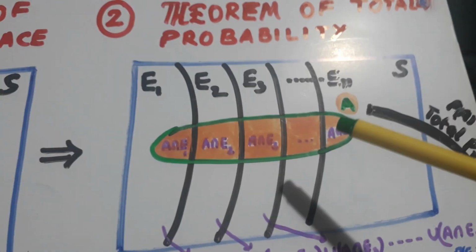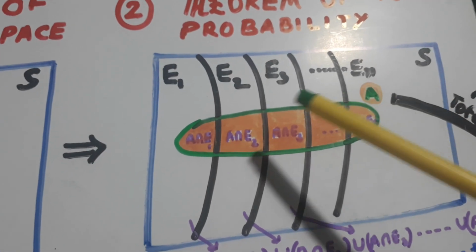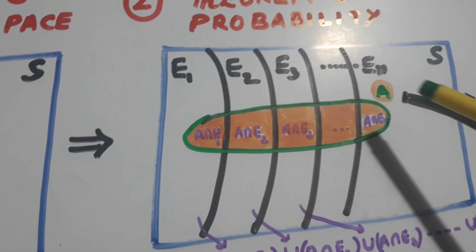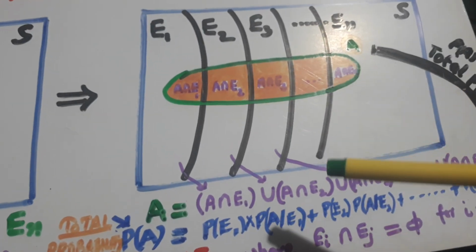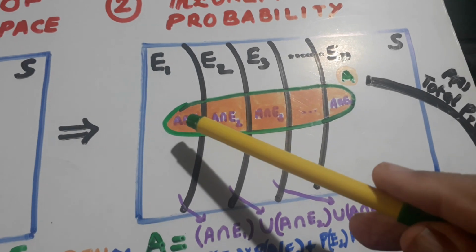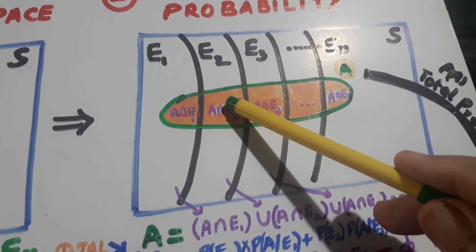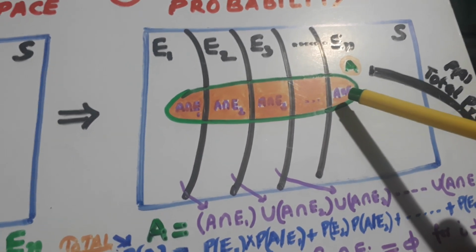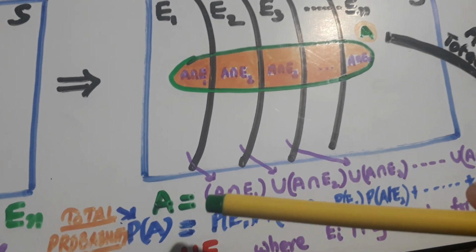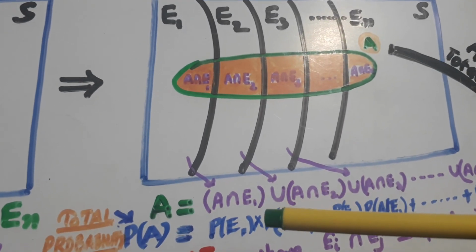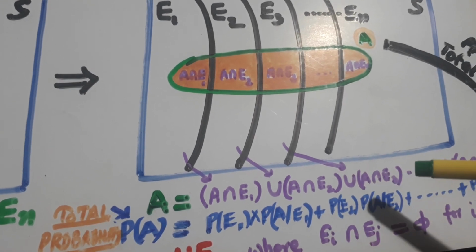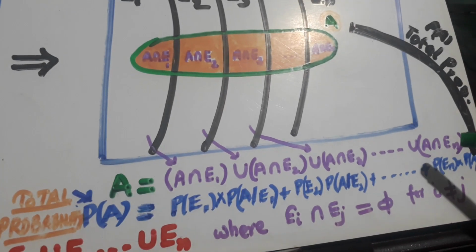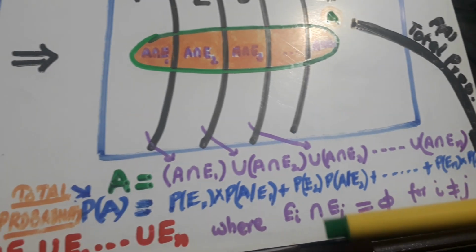Now, here is the event A. This we want to find out, event A. It will be this portion plus this portion plus this portion and so on up to this. That is, A will be equal to A intersection E1, union A intersection E2, union A intersection E3, union A intersection En.